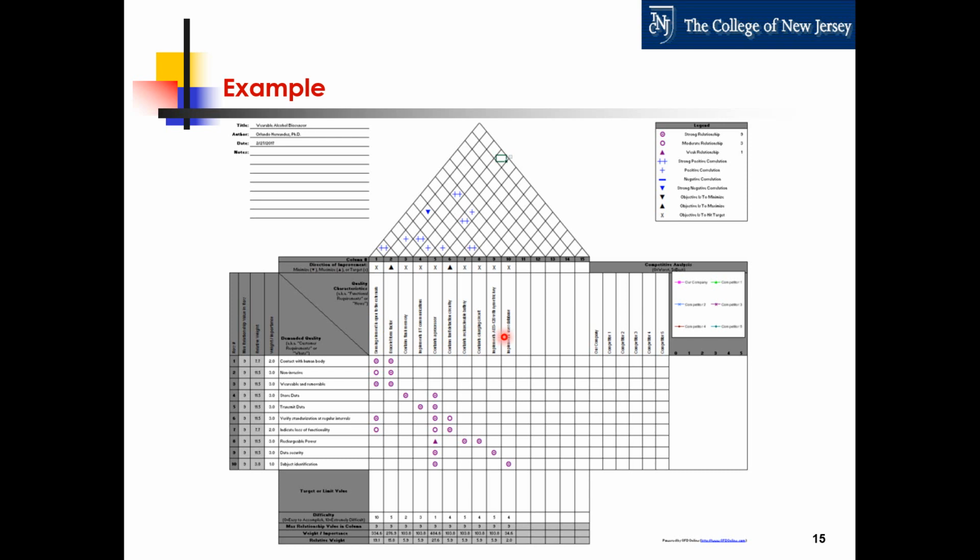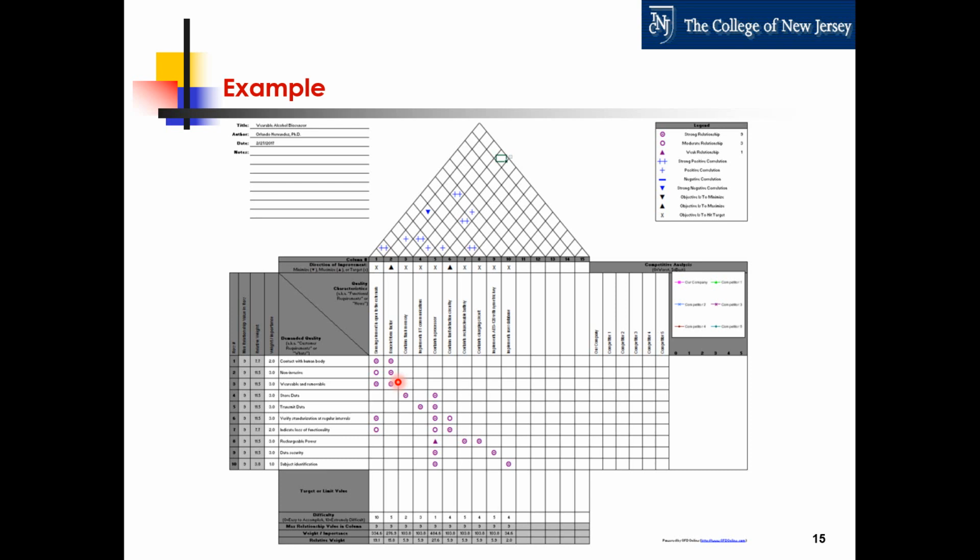And one design attribute can address multiple needs, and a need may need to be addressed by multiple attributes. So you have to think about all these cells one by one. Again, it's an exercise of insight development.